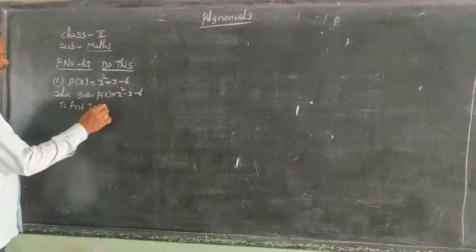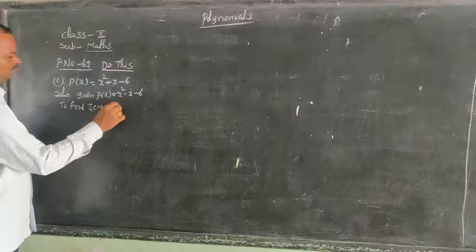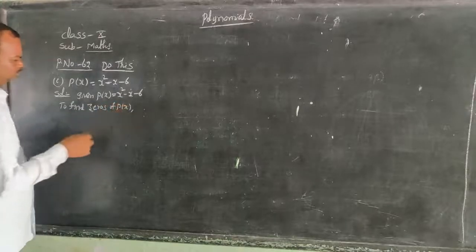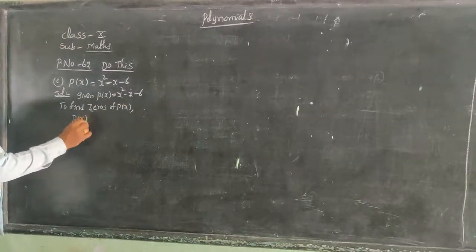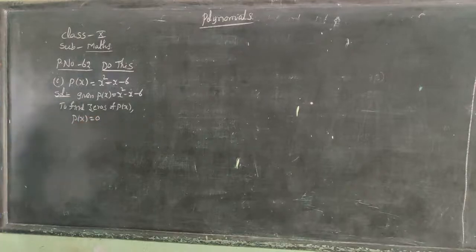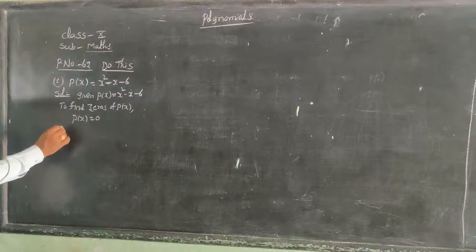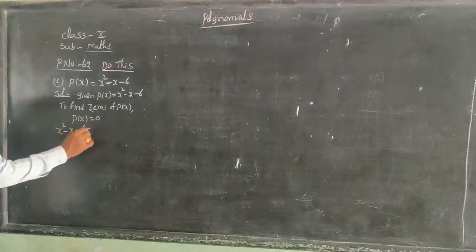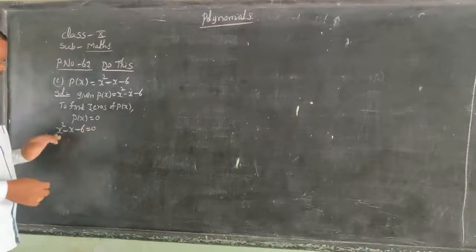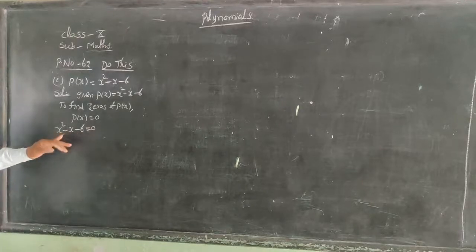Zeros of P of x: P of x is equal to 0. Therefore, P of x means x square minus x minus 6 is equal to 0. Factorize this equation.